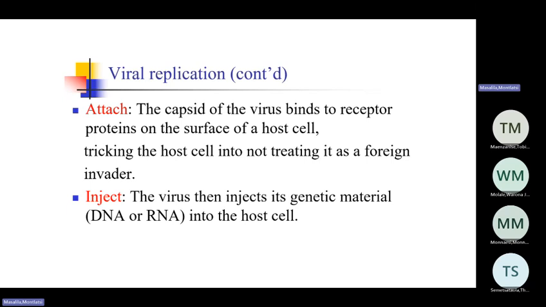Because the host cell is going to have the receptors. For it to open, something has to sense. That's why when you come up with a foreign matter and you walk to your receptor cells, it's not going to open for you to get in. So a virus is going to trick it.